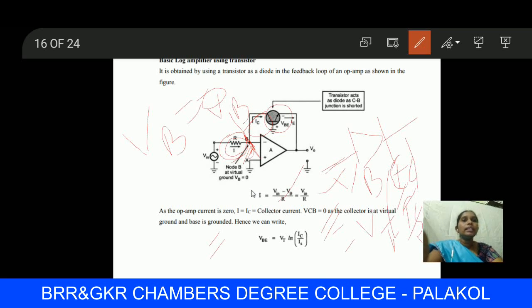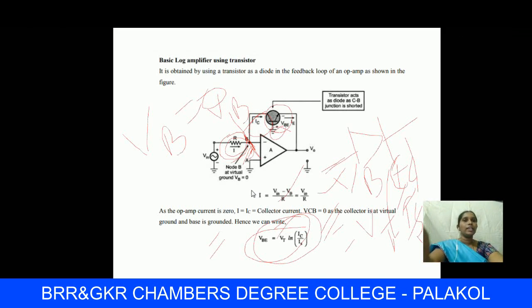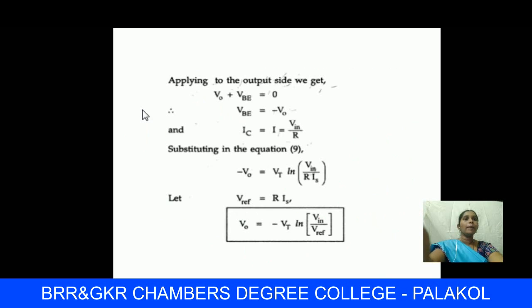Here this is the base voltage. Now by applying the output side we get Vo plus VBE is equal to 0. Therefore IC is equal to Vin by R. We already know this. Now substituting into equation number 9, therefore minus Vo is equal to VT, and VBE is nothing but this value.